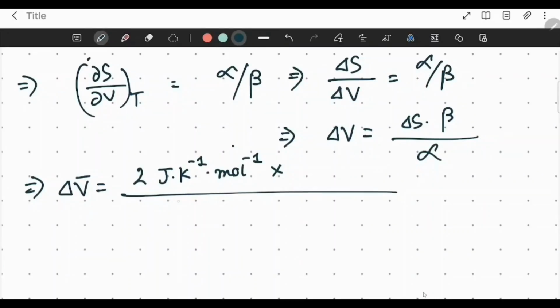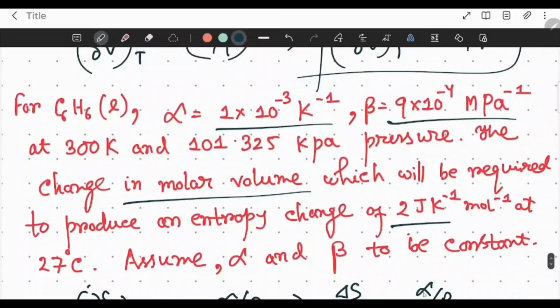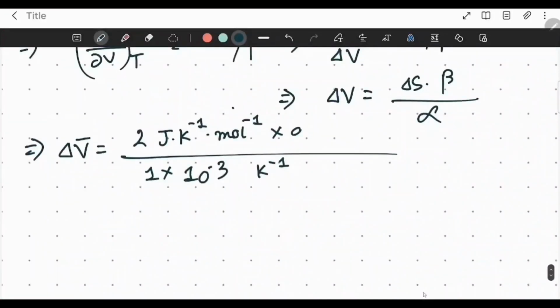Beta is there, and you know beta is 9 into 10 to the power minus 4 megapascal inverse. So we have to now do this. What is Pascal? Pascal is Newton per meter square.